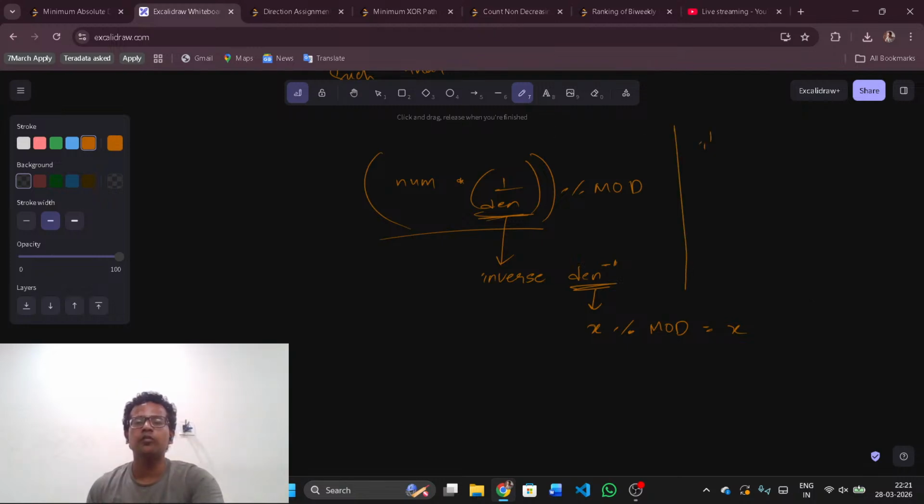If we do the mod operation while dividing, we get the wrong output, right?